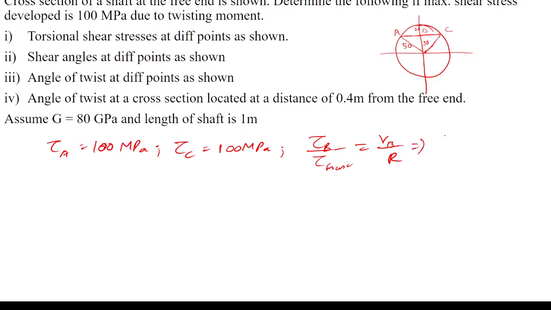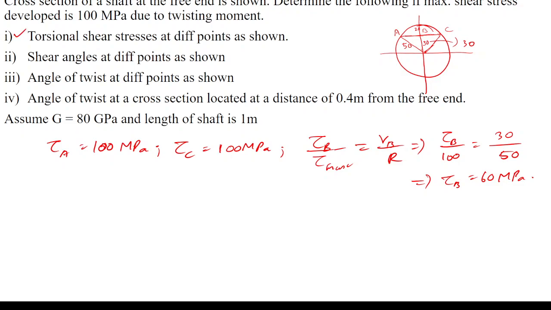So tau B divided by tau max, which is 100 megapascal, equals RB. What is the value of RB here? This is 30. So 30 divided by capital R, which is 50. So what is the value of tau B? 60 megapascal. Okay, so the first part is done.